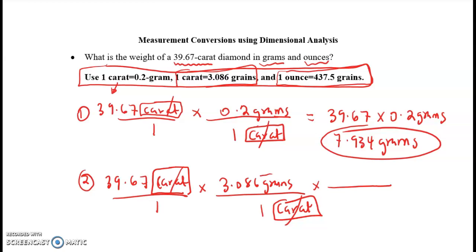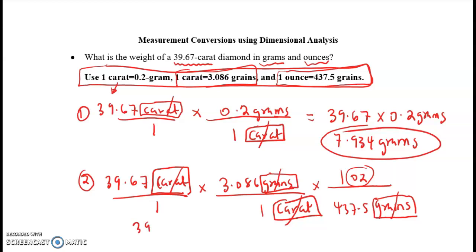Since we have grains at the top of this fraction, we should have grains at the bottom to cancel out. The relationship between grains and ounce is 1 ounce equal to 437.5 grains. So 437.5 grains will stay at the bottom, and your 1 ounce will stay at the top. So cancel the grains, and now you have your desired unit at the top, which is ounce.